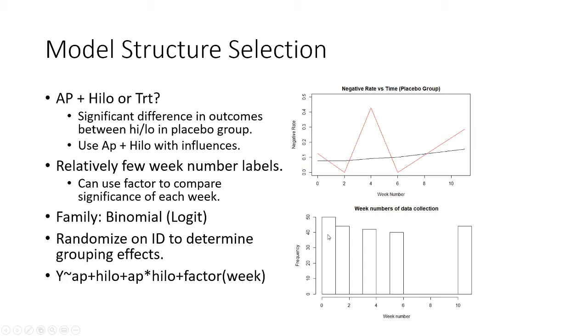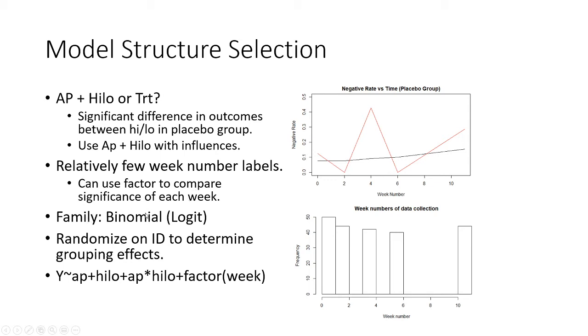Over here, we have weeks of data collection, for example. There's only week 1, week 2, week 3, week 5, and week 11. So we could indeed use a factor to compare the significance of each week.